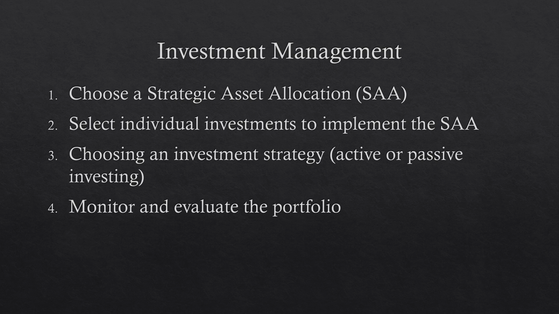You're not just tracking an index, so you might buy or overweight the portfolio in some different areas, whereas passive investing is just mirroring an index. If there's ever a change in the index, you make the same change right after. Your benchmark is always that index that you're following.